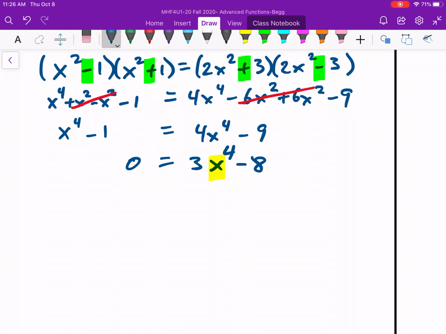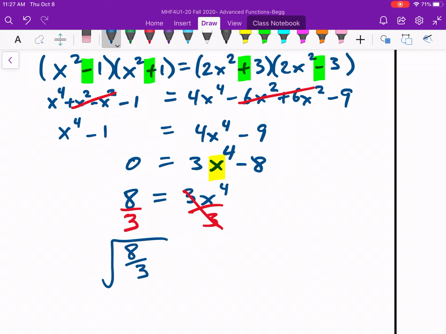Let's isolate it. So let's bring that 8 back over to the other side. Let's divide both sides by 3 to get rid of the 3. And then we've got x to the 4, we can take the 4th root of each side, because the opposite of raising something to the exponent 4 is to take the 4th root.